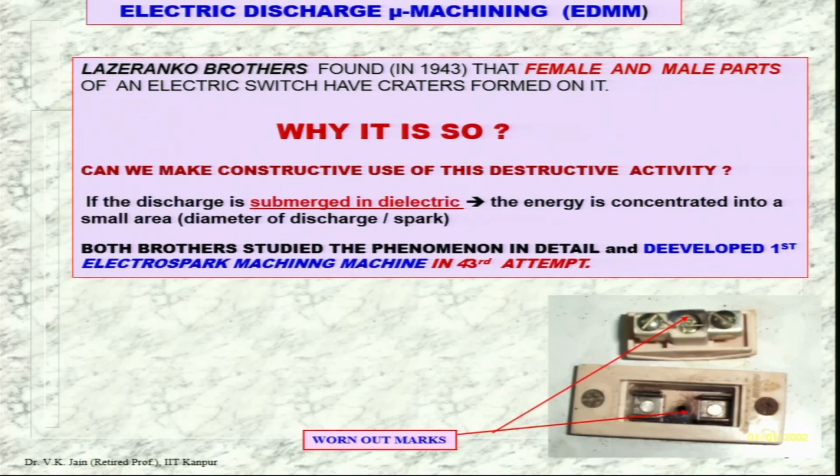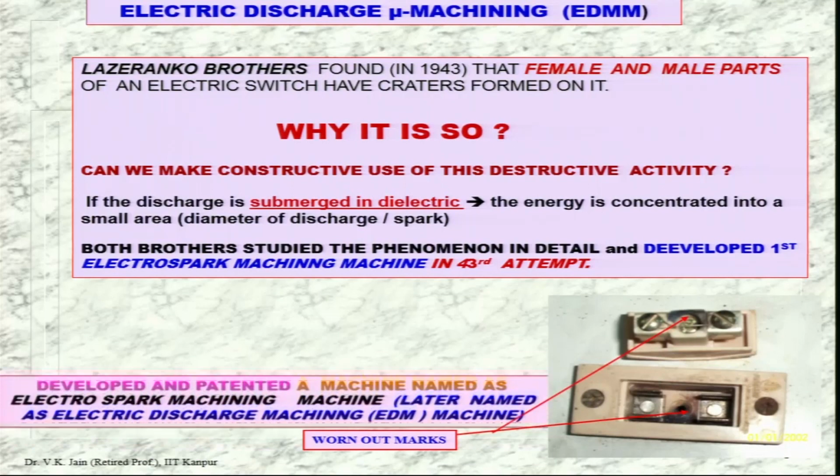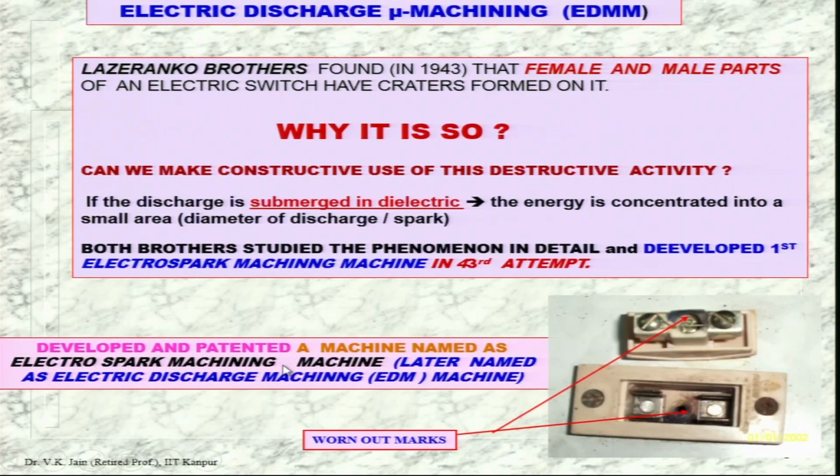You will be surprised to know that 42 times they failed to develop the desired machine, and in the 43rd attempt they got the success, and then they patented it as electro spark machining machine. Later on it was named as electric discharge machining machine.